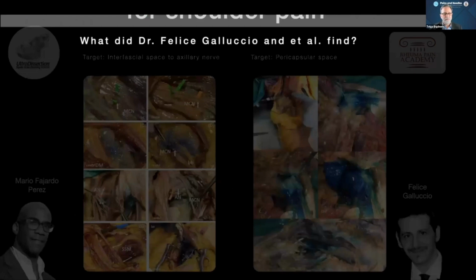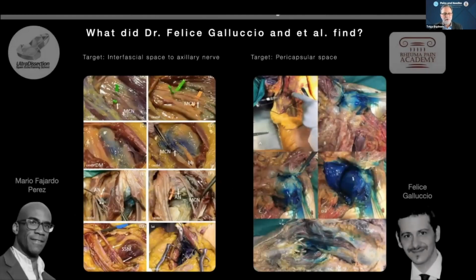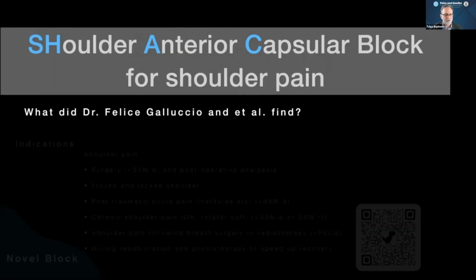And this photo is from the study, which was performed on a fresh cadaver. You can see the interfascial space to the axillary nerve, and you can see the other target of this shoulder block, the pericapsular space, on the fresh cadaver picture.